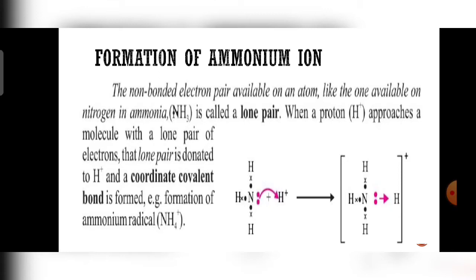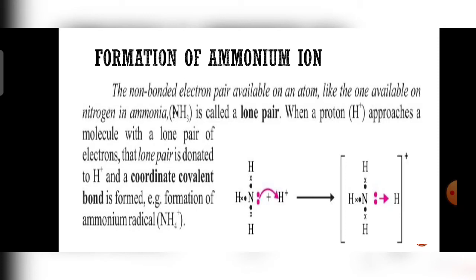You can see here that nitrogen has an extra lone pair present in the 2s2 subshell, because nitrogen has 5 electrons in the outer shell, 2 present in 2s2 and 3 present in 2p, and these 3 electrons are shared with hydrogen, so it completes its octet. After completing its octet, it has an extra lone pair present in the 2s subshell.